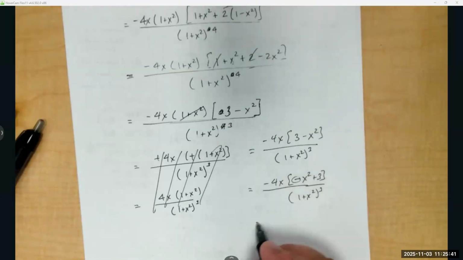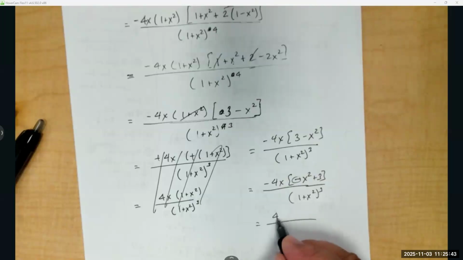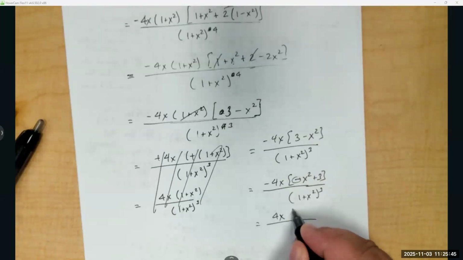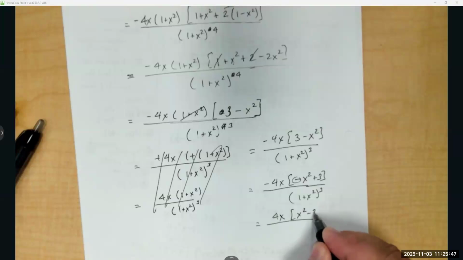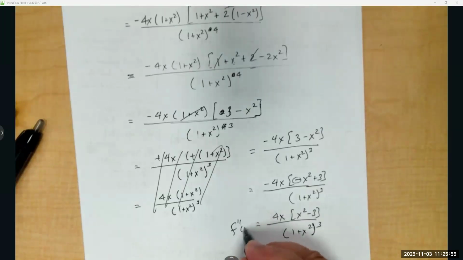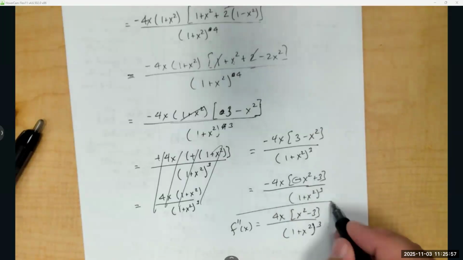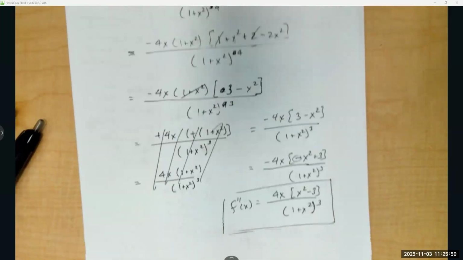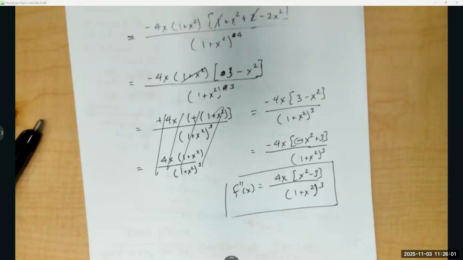So factor out the negative, makes it a positive 4x, x squared minus 3 over 1 plus x squared cubed. So I don't have any extraneous terms. So this is my second derivative. I can't stress enough, be very careful when you go through these things. It's always the signs that kill you. It's always the signs.